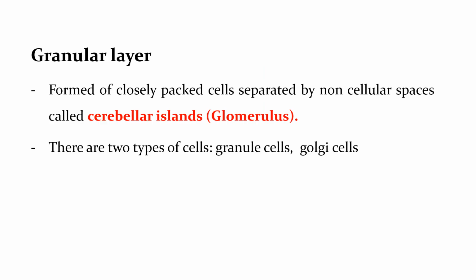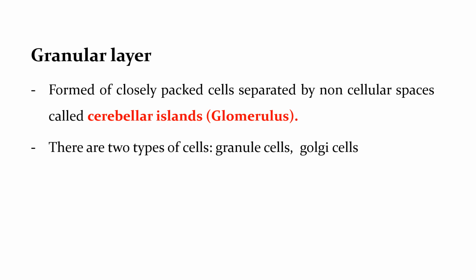The granular layer again is formed of closely packed cells separated by non-cellular space called cerebellar island or cerebellar glomerulus. Here you can see that there are 2 types of cells, which are granule cells and Golgi type 2 cells.